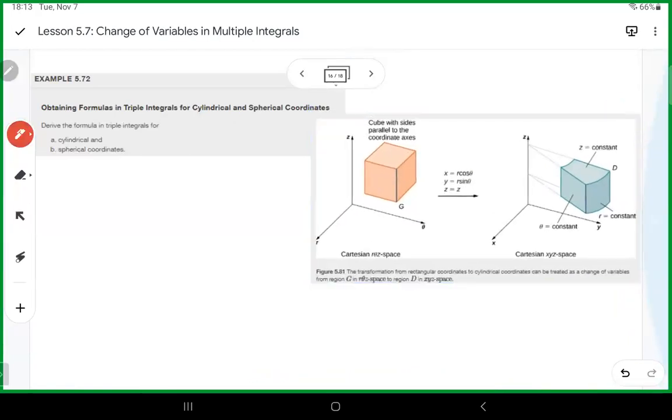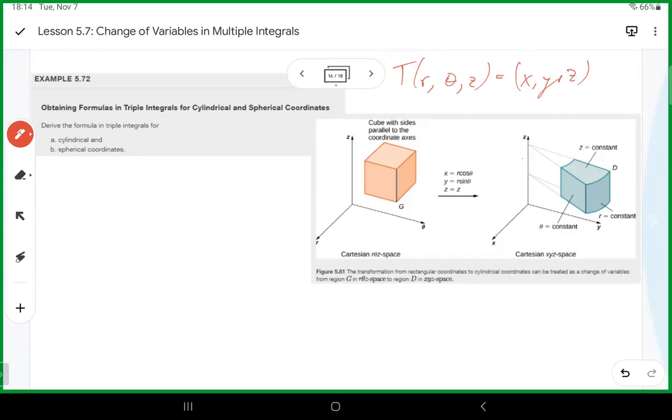Okay, so the question here says, and this is just for part A, derive the formula in triple integrals for a cylindrical, and then in spherical coordinates. So for cylindrical coordinates, the transformation would be P(r, theta, z) equal to (x, y, z) from the Cartesian r theta z plane to the Cartesian x, y, z plane.